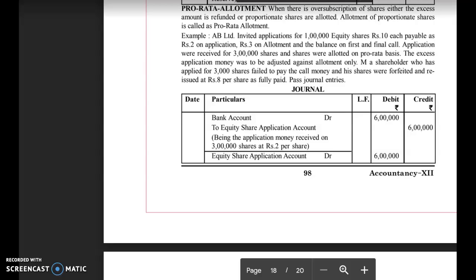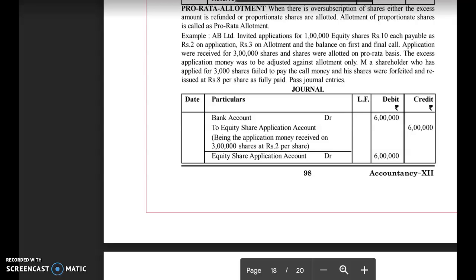But here the statement says that the excess application money was to be adjusted against the allotment only, which means that if there is any surplus money left over and above the allotment, it will be refunded by the company immediately at the stage of application. The company will not keep any extra or surplus money which is in excess of the allotment money.